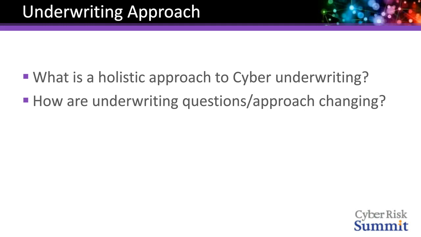So part of that is in the way that we're providing a product that is holistic in nature. It's not just reactive. It's very different than a lot of other insurance products. But we're also applying that to the way that we underwrite it. It has to match the way that you're providing your product and your policy.